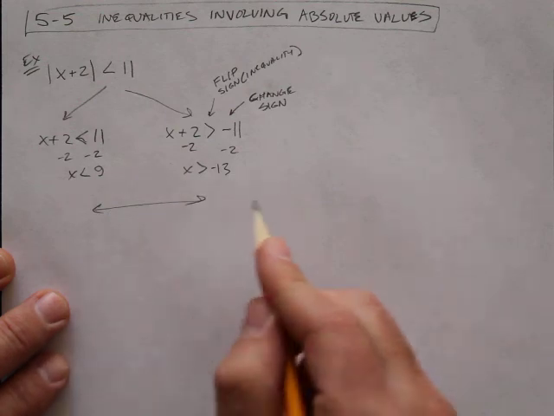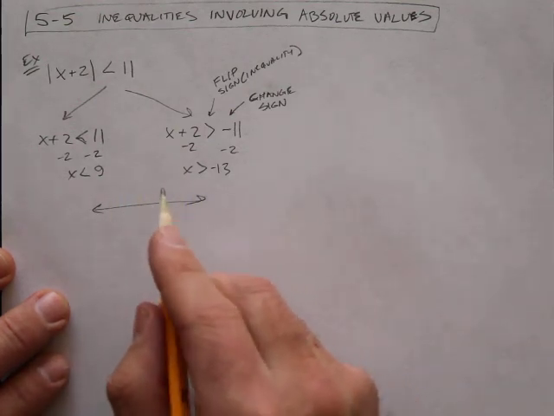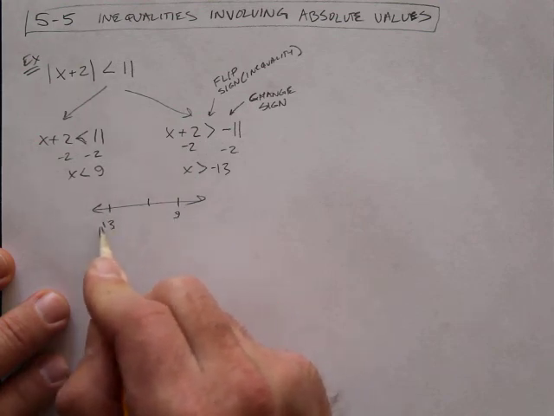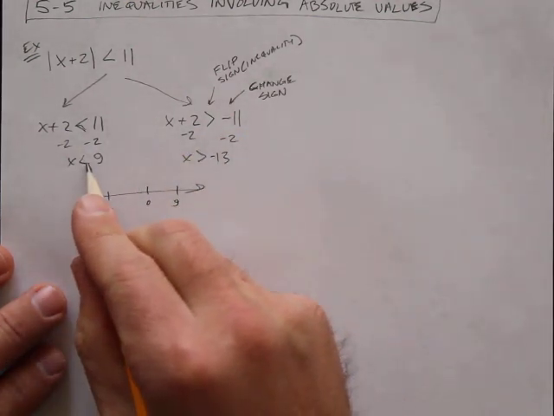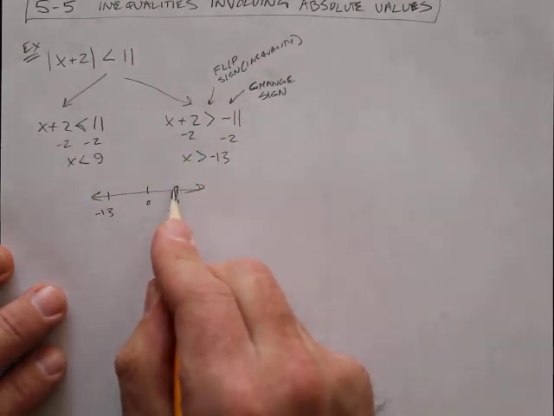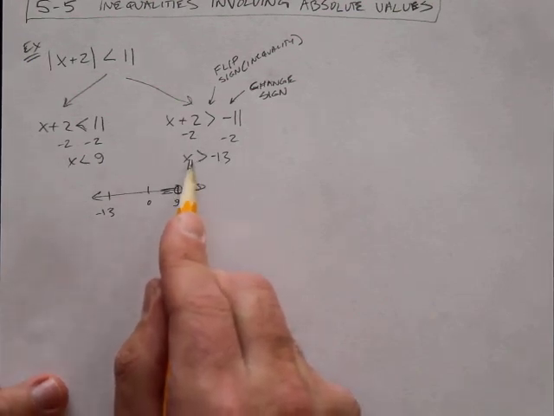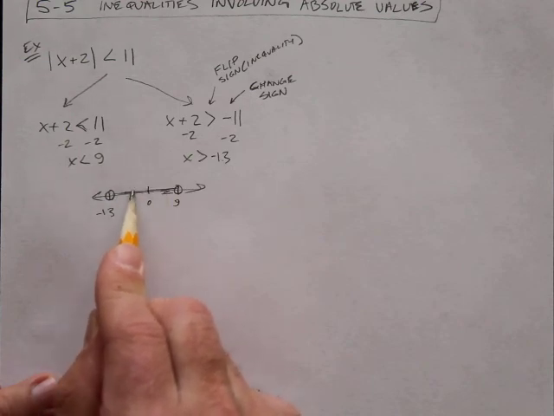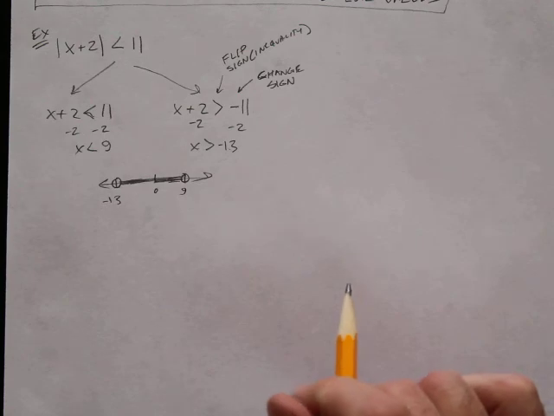All right, let's graph this. Here is 9, here is negative 13, here's 0. X is less than 9, so here's 9, 9 is not included. X is greater than negative 13, so not included, and there we have it.